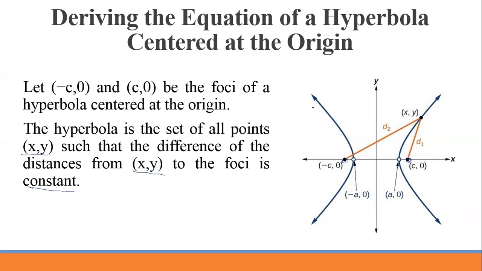Sabi natin kanina, ito yung transverse axis natin with these endpoints. So we let these points be the foci of our hyperbola centered at the origin, and the hyperbola is the set of all points such that the difference of the distances from this point to the foci is constant.